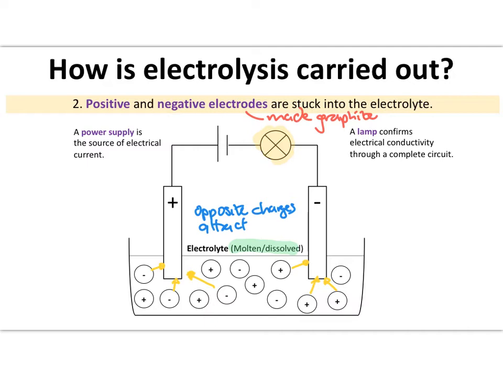It's quite a weird word, I guess, but the result is that we get the original element. So basically we are reversing the process we looked at when we looked at the formation of ionic compounds back in Unit 2, when the elements either lost or gained electrons to form an ionic compound. Here the ions are either losing or gaining electrons, but to become the elements. So we're sort of going backwards.